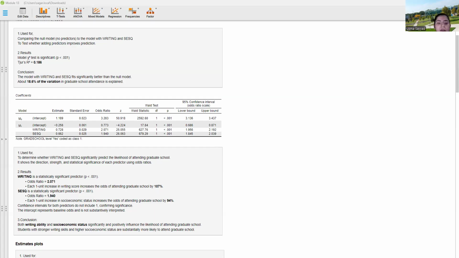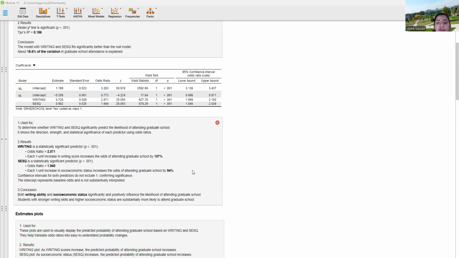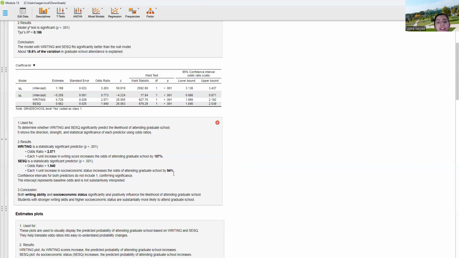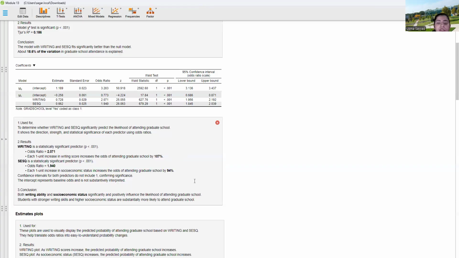Coefficient table, SESQ. Now I will interpret SESQ, which represents socioeconomic status. SESQ has an odds ratio of 1.940 with a p-value less than 0.001. This means that each 1 unit increase in SESQ increases the odds of attending graduate school by 94%, holding writing ability constant.